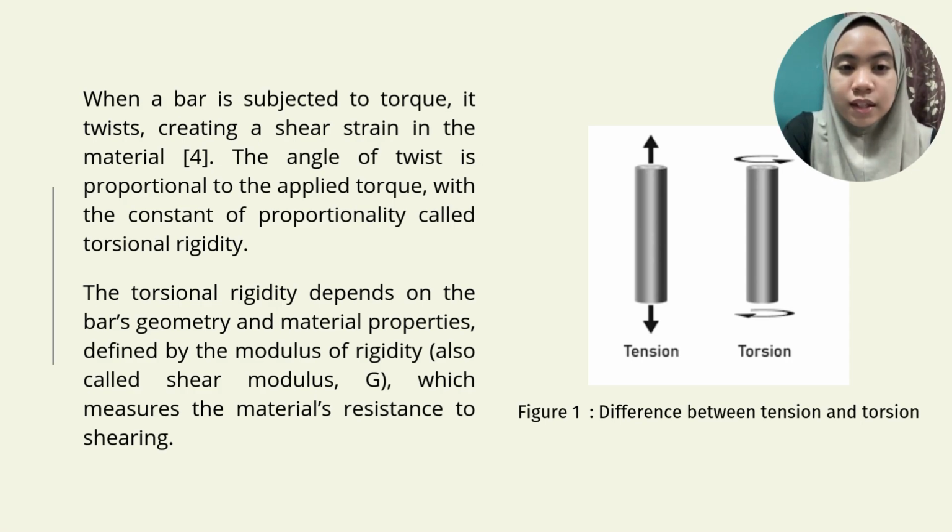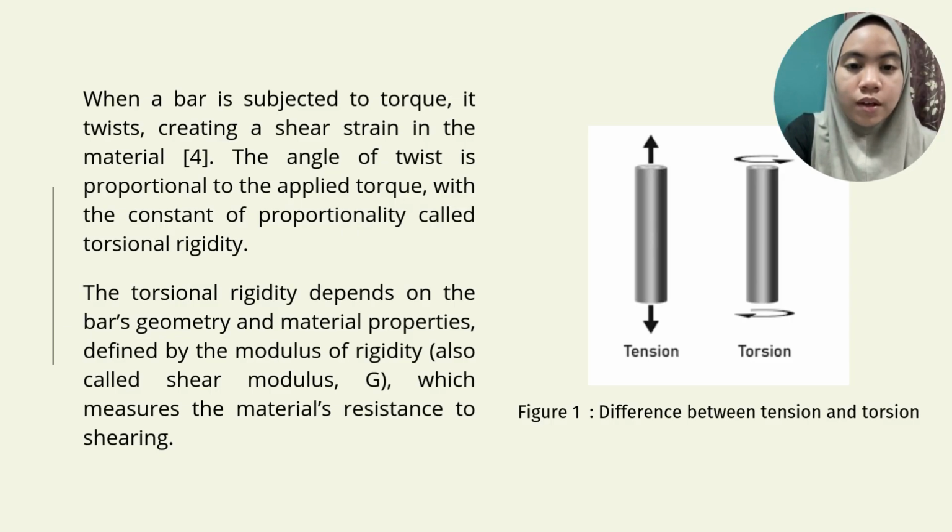The torsional rigidity depends on the bar's geometry and material properties, defined by the modulus of rigidity, also called shear modulus, which is G, which measures the material's resistance to shearing.